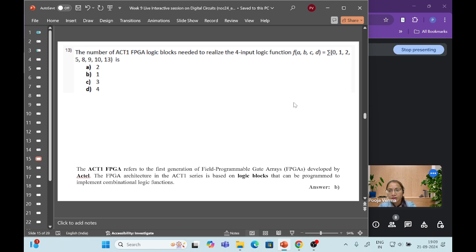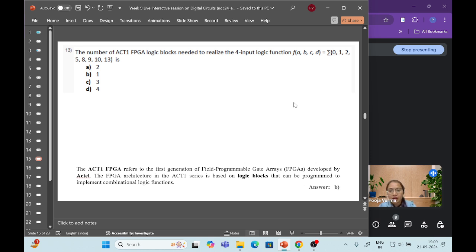So now the number of Act 1 FPGA logic blocks needed to realize the 4 input logic function ABCD. First we will see what the Act 1 FPGA logic block is. It is the first generation field programmable gate array developed by Actel.